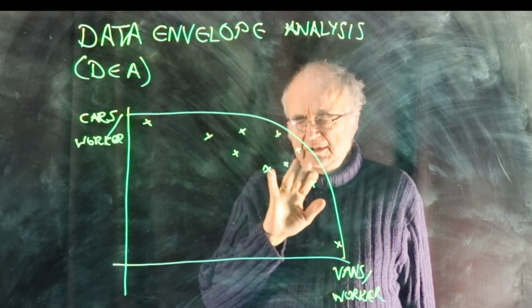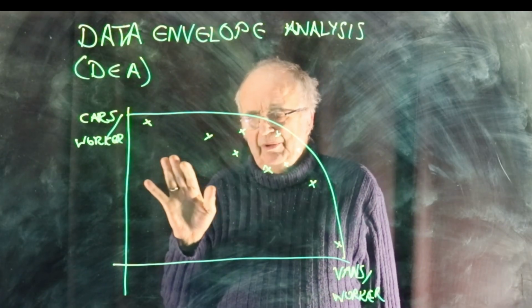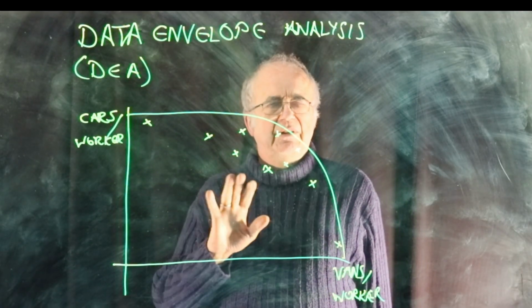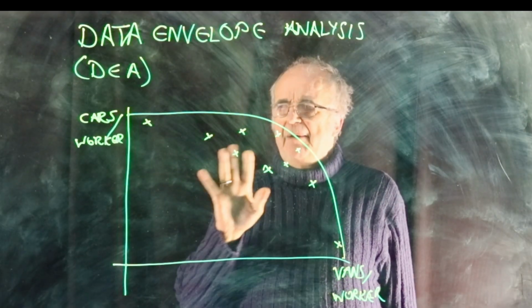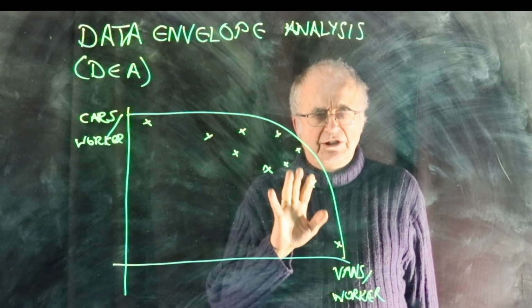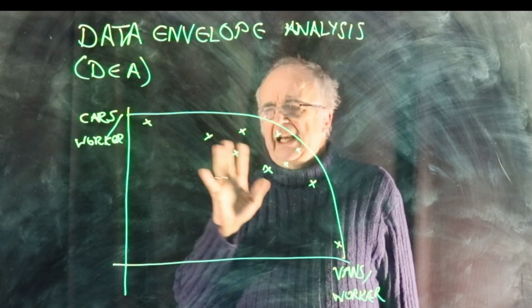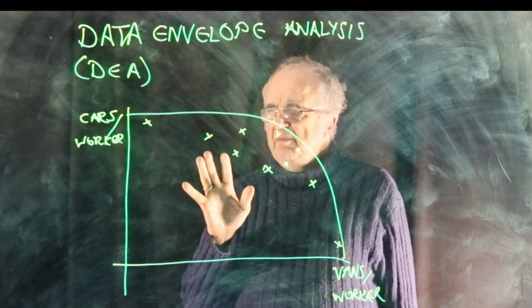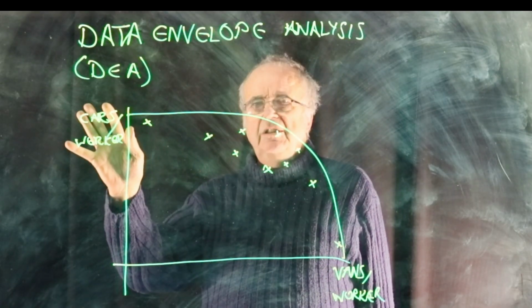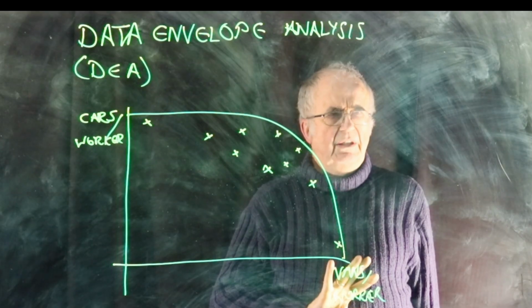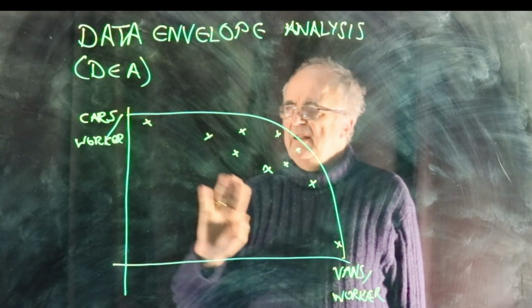And the example, manufacturing, cars and vans, sounds like a very engineering sort of application. But it doesn't need to be just about engineering applications. Suppose we had supermarkets and we wanted to compare supermarkets that sold a lot of food with supermarkets that sold a lot of household goods.